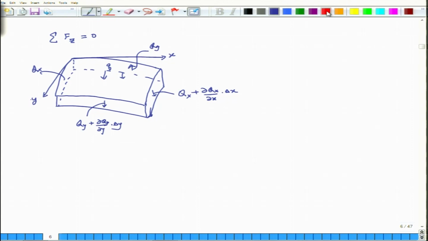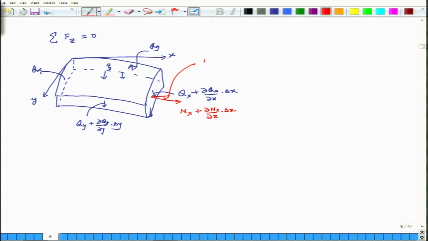Now, there is something extra on top of that, because there is curvature. My nx is, let us say, in this direction, and it will also have a vertical component. So, this nx is nx plus del nx over del x times del x, and it is at an angle theta plus delta theta.